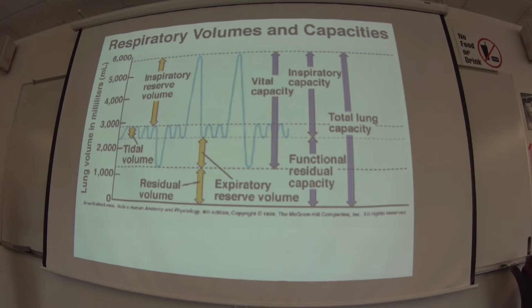Because there's no benefit in being able to expire a large volume. That doesn't really help you. It's actually better to be able to expire small volumes more quickly. And as you get all the way through your respiratory material in lecture, that'll make a little more sense to you. That high frequency expiration is the most efficient way to rid yourself of CO2.